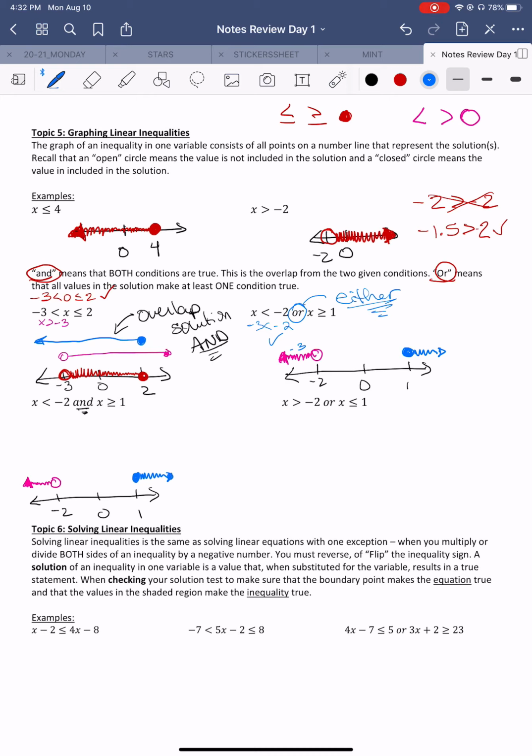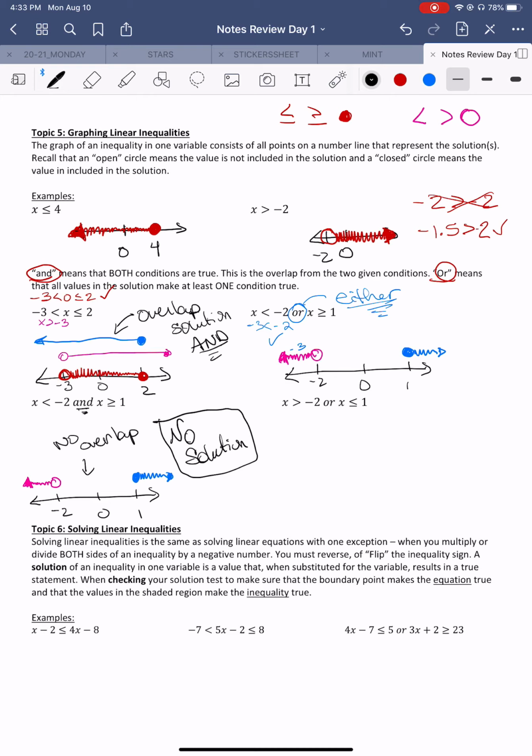Remember that for an and statement, we should have some kind of overlap. This does not have any overlap. Because we need to satisfy both inequalities at the same time, this leads us to no solution, because there is nothing that will make both of these statements true at the same time.